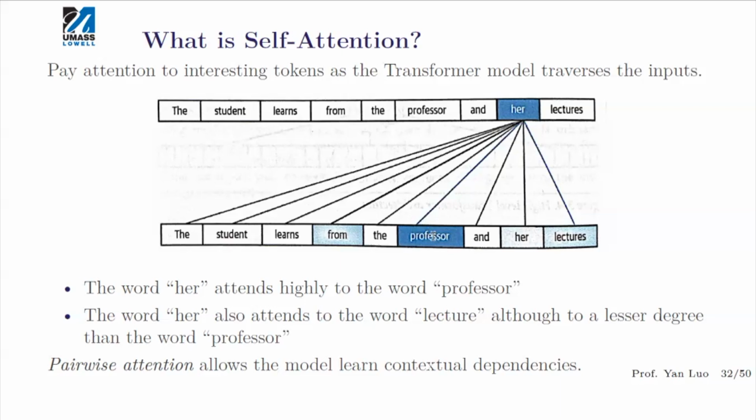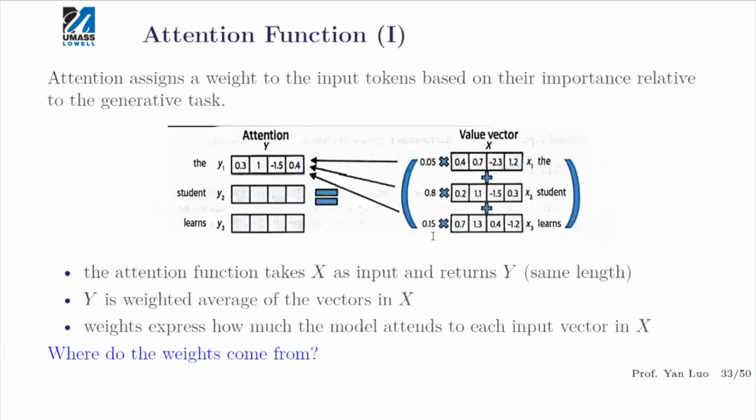So this is what we call attention. Self-attention is basically to calculate the pairwise attention so that the model has a way to learn their dependencies. Which token is the most relevant to any other token, and which one is the least relevant? That's the purpose of self-attention.